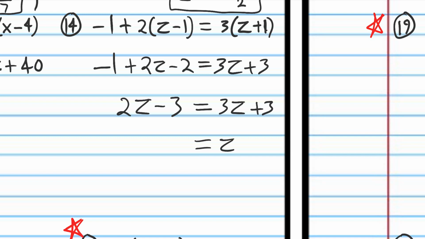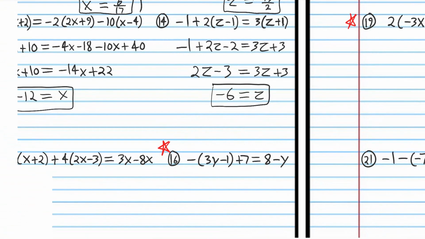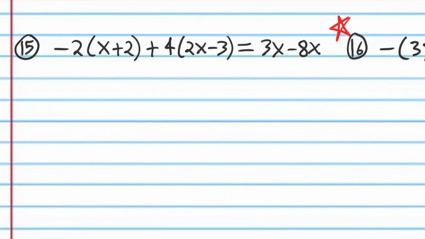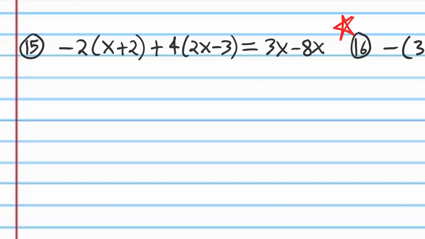Subtract 3 from both sides, and we get negative 6 over here. And this is the same situation. Because z doesn't have any coefficient, we're pretty much done. z equals negative 6. We isolated z. All right, so why don't you try number 15, and when you come back, we'll do it together. All right, we're back.